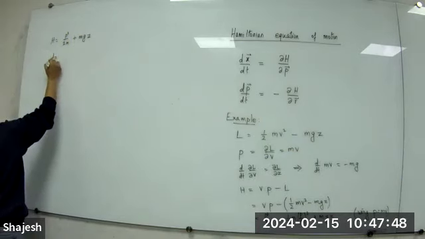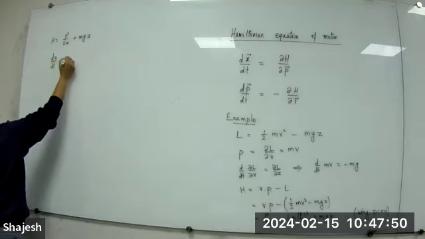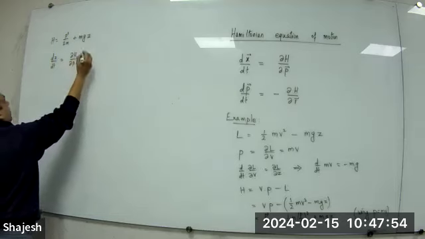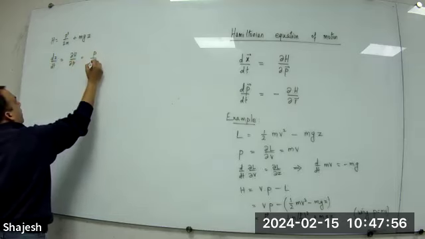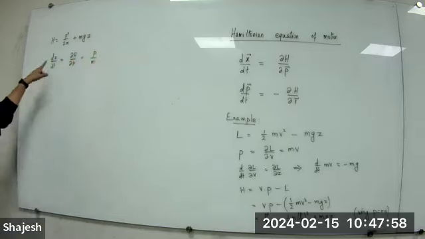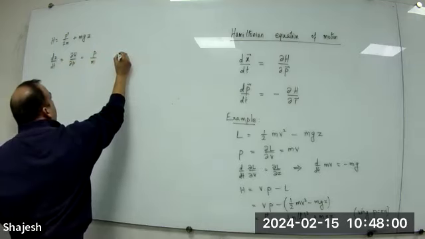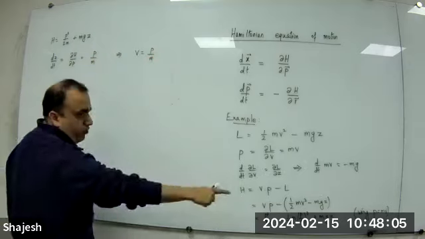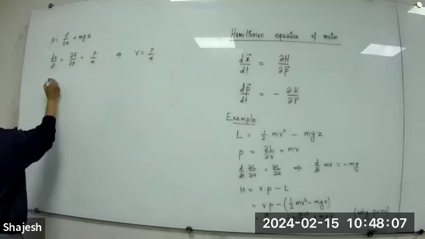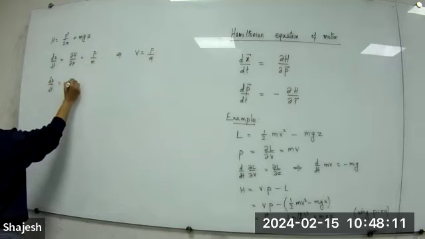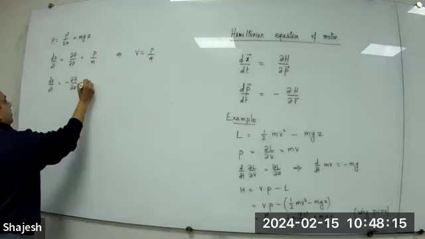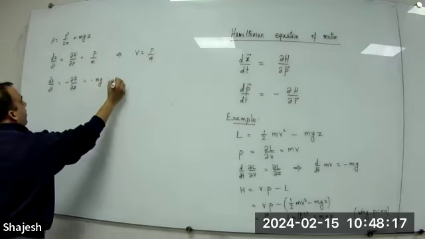The Hamiltonian equations of motion: dz by dt is dH by dp, which is equal to p over m. That's velocity, so this implies that velocity is equal to p over m, consistent with what we had earlier. dp by dt is equal to negative derivative of the Hamiltonian with respect to z, that's minus mg.